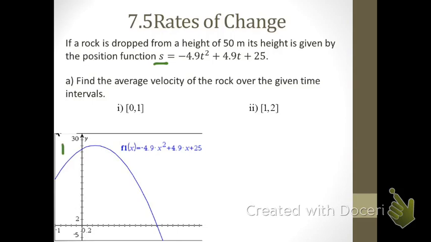The units for that position are going to be meters, and the time is measured in seconds. So whenever we find a rate of change here, that rate is going to be in meters per second, and whenever you measure something in meters per second, it's going to be velocity. Let's go ahead and put that into practice then.